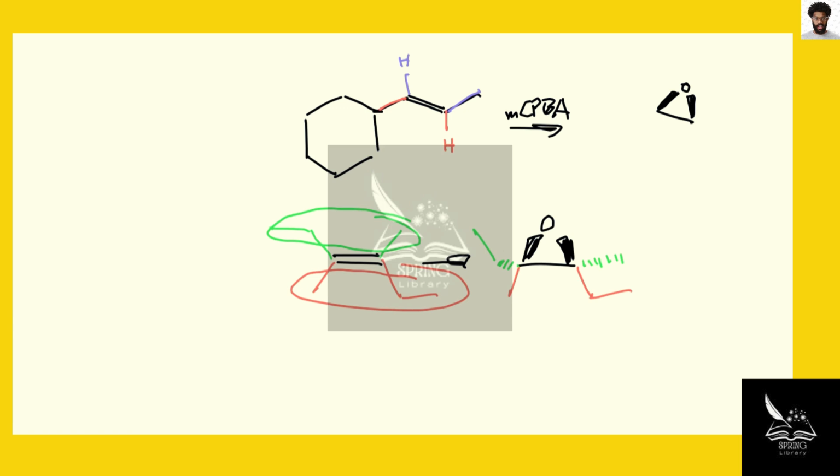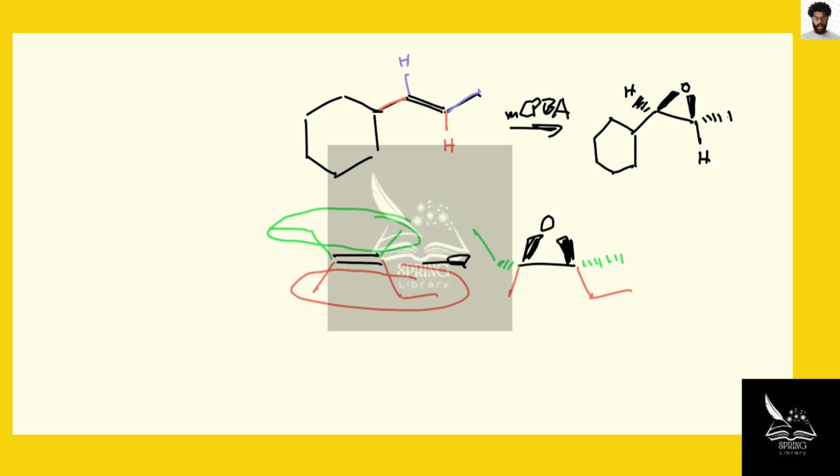We'll have our hydrogen and our cyclohexane. Okay. And then we'll have, these are syn to each other. And then we'll have our hydrogen and our methyl group. Oops, it's a methyl group, not a hydrogen. Will also be syn to each other.